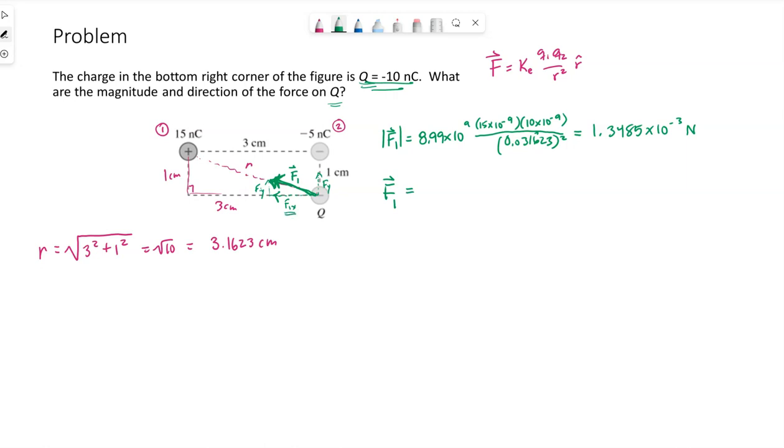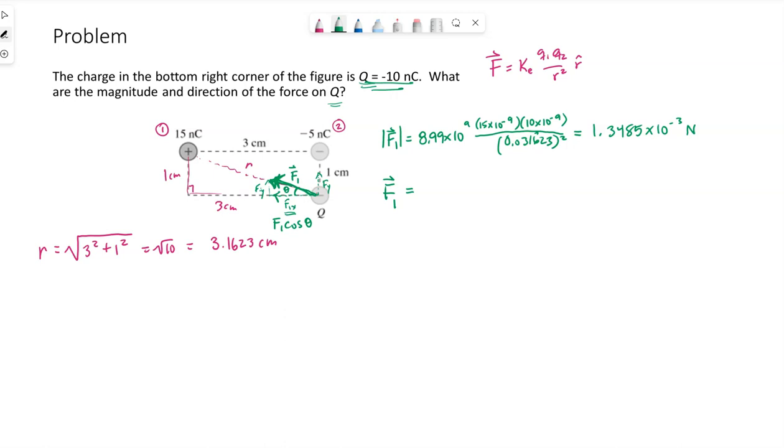This x component is to the left. It is adjacent to this angle right here. So that angle, we have two ways to go about this. We know since this side is adjacent, the magnitude of this side will be F1 cosine theta.